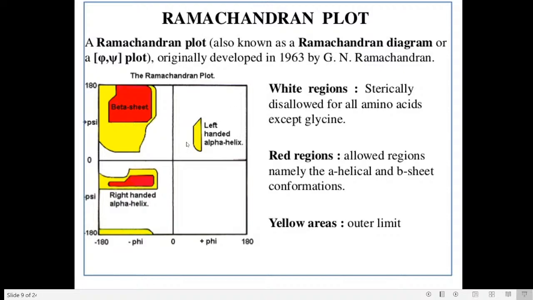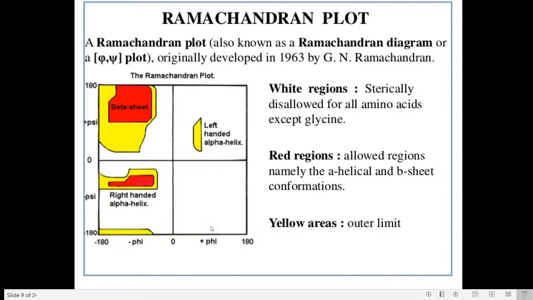Here in this A region it's right-handed, and here this is the left-handed alpha helix. This is a small quantity of left-handed alpha helix. In this image itself we can understand that plus psi and minus phi is beta sheets, minus psi and minus phi carries the right-handed alpha helix, and plus psi and plus phi carries the left-handed alpha helix.